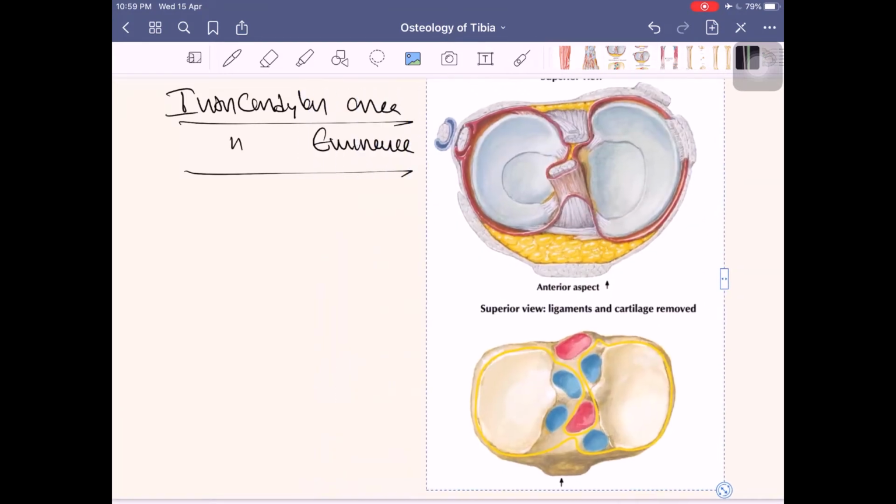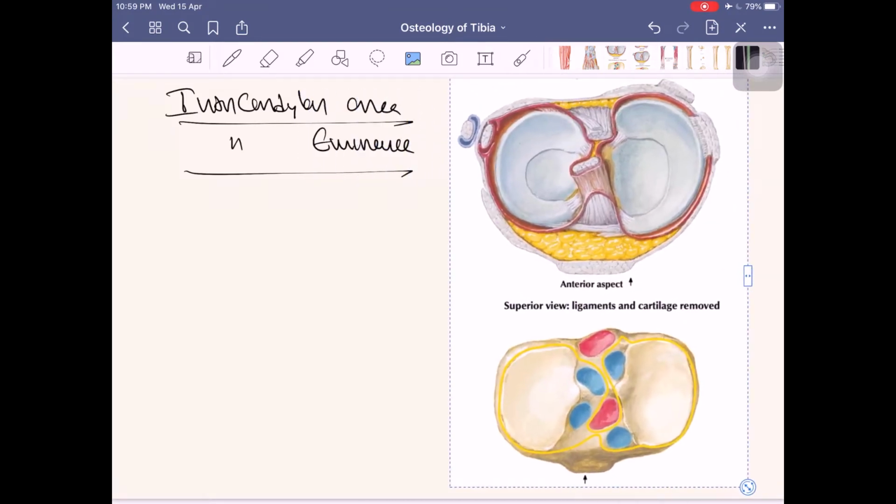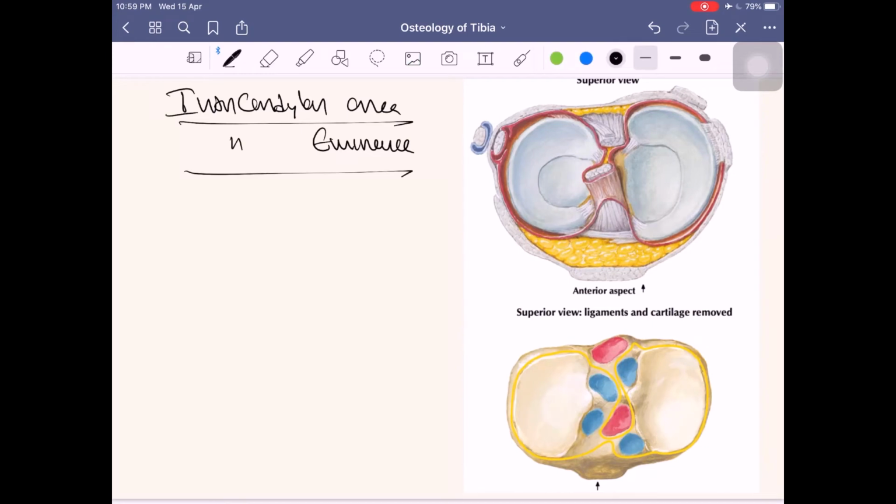If you see this here, the area is rough because the rest of it is smooth: the superior surface of the medial condyle is smooth, the superior surface of the lateral condyle is smooth, but in between these two, this area which I am marking with the blue, this entire part, is what we call the intercondylar area. So this area is rough.